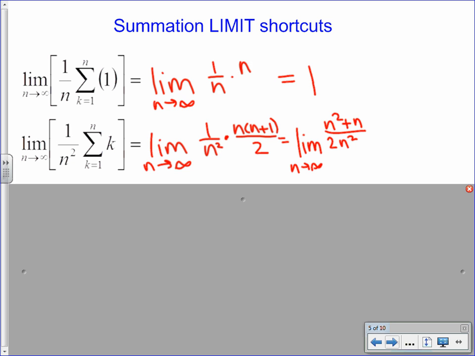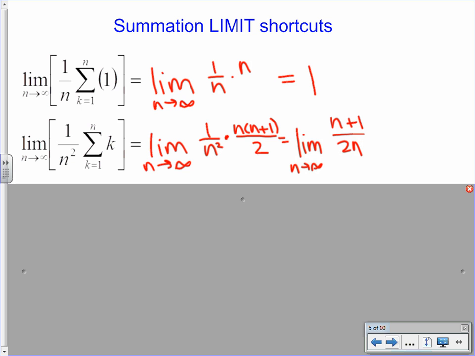We can't cancel out the n squares, but we have a rational expression. If you take out the n, then you can. True. So you would rather I write this as n plus 1 over 2n, because this n cancels with this one. Okay, so what's that limit?